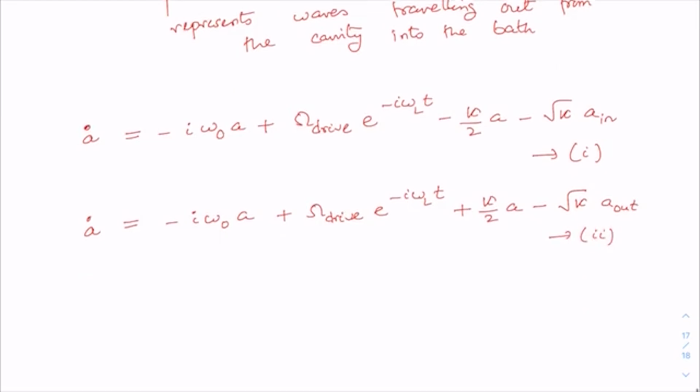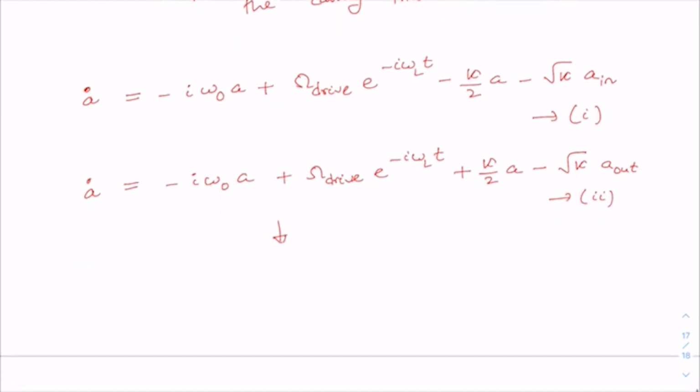Now if we subtract equation 2 from equation 1, then we will obtain minus kappa a is minus square root of kappa, you can easily see this, a in plus square root of kappa a out, that is equal to 0.